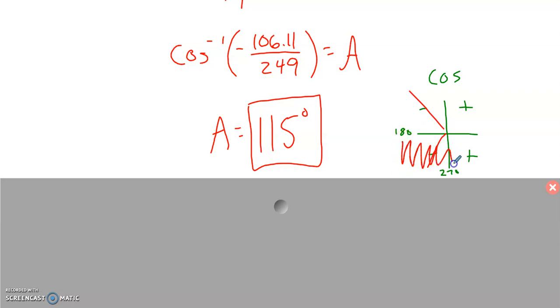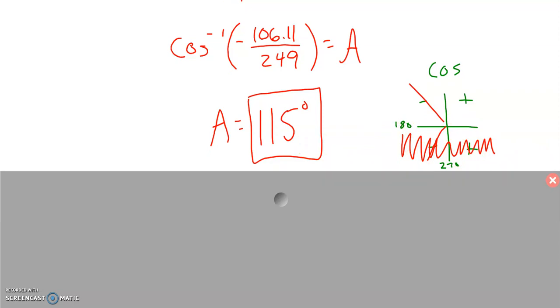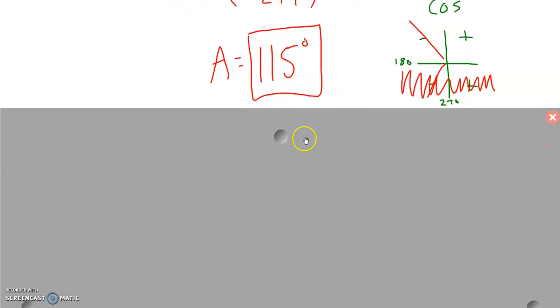So really, I never want any quadrant 3 or 4 answers. When doing the law of cosines, there's just one answer you care about. The answer your calculator gives will be the only one you want to use, so you don't have to bother finding the other angle when using the law of cosines.